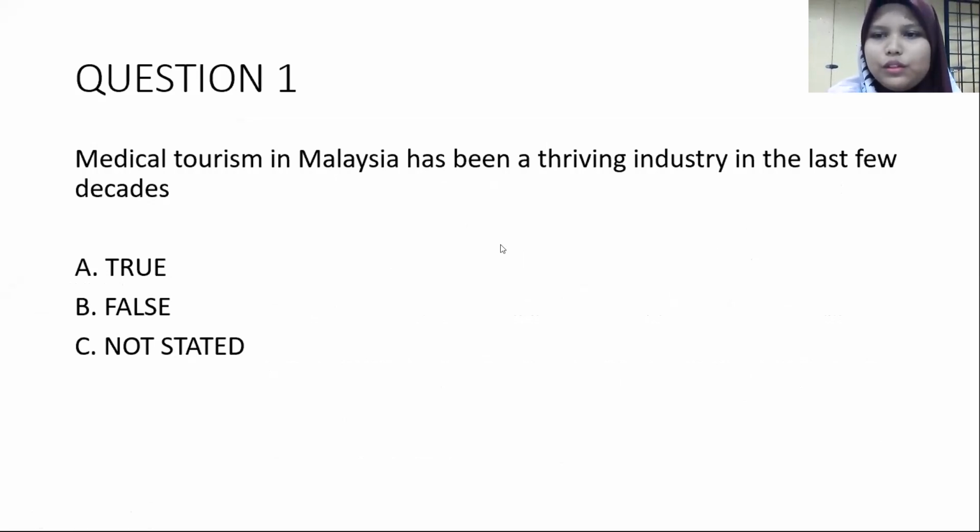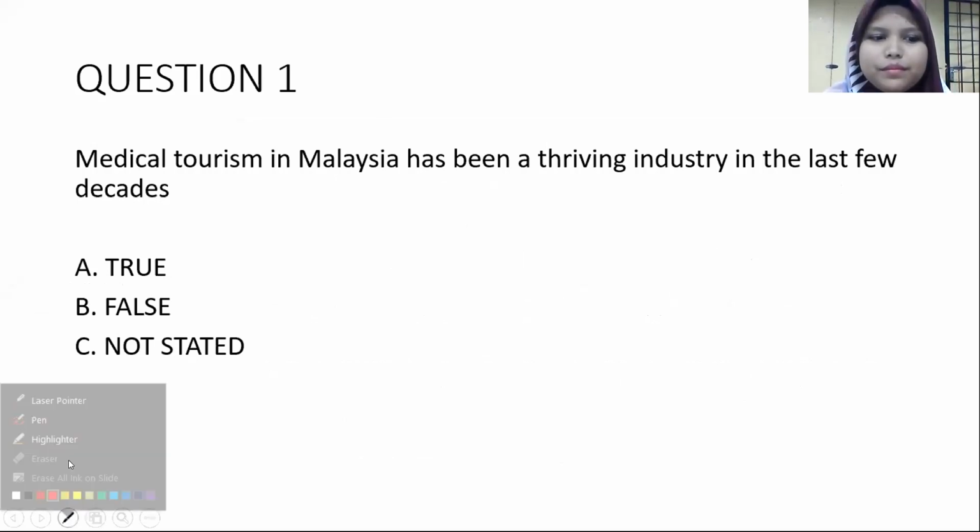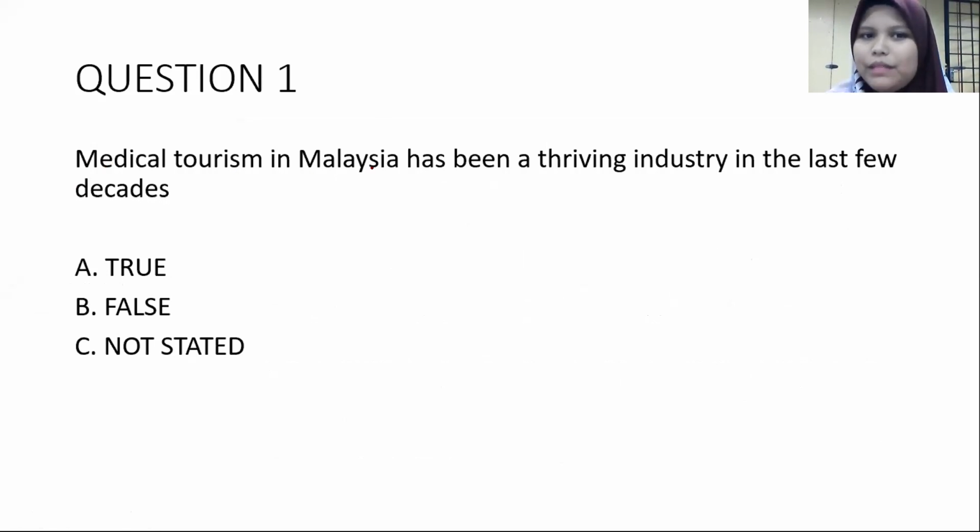Let's take a look at question number 1. Medical tourism in Malaysia has been a thriving industry in the last few decades. Let's repeat the question and truly understand the statement well. Then the second step, remember you have to highlight the keywords.